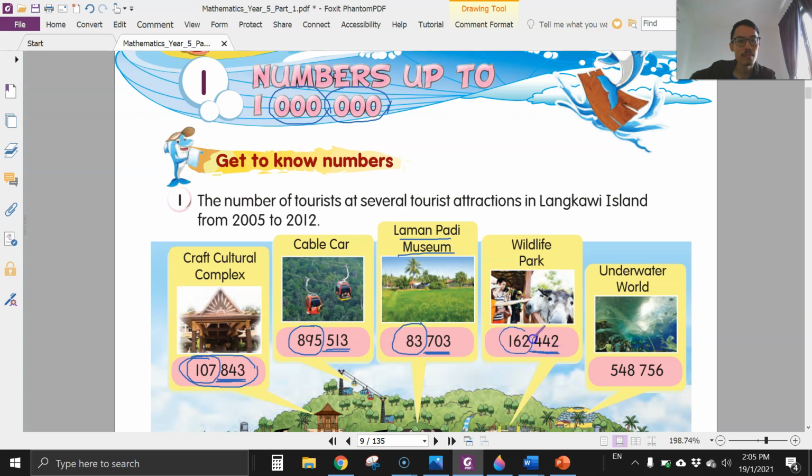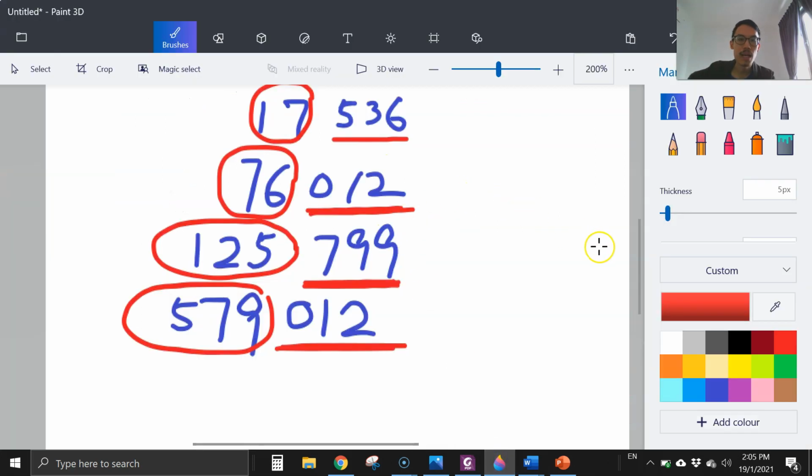And then the front numbers, how do you read this? 162,000. Next, underline the 3 numbers behind. Then you read the front numbers, 548,000. Then you may ask teachers, what about the numbers behind?